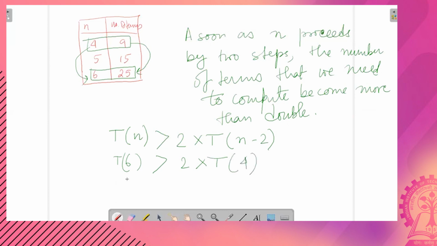T6 is 25, which is larger than 2 into 9. This is what we are trying to say, and this always holds for n larger than or equal to 2.